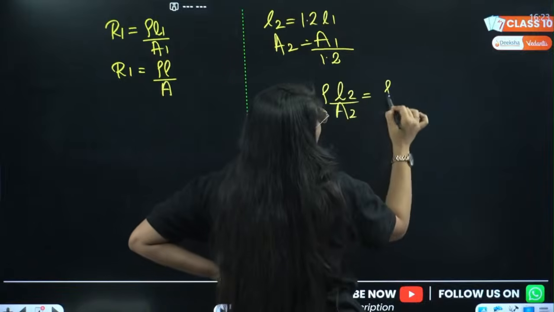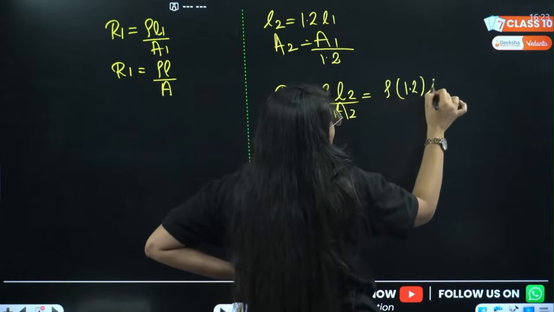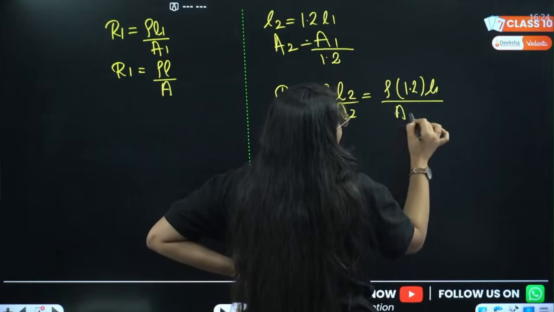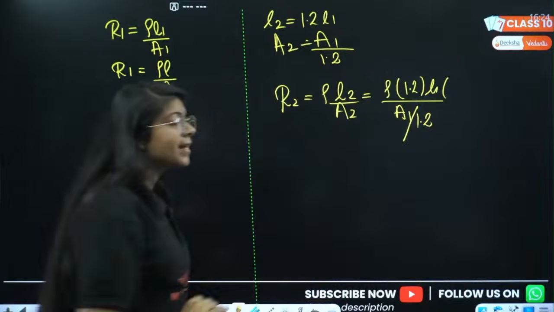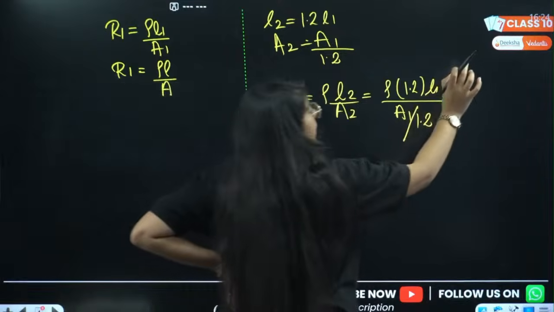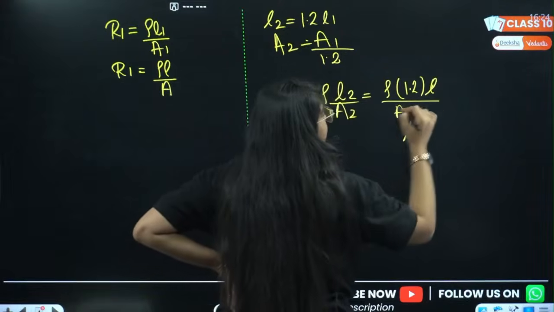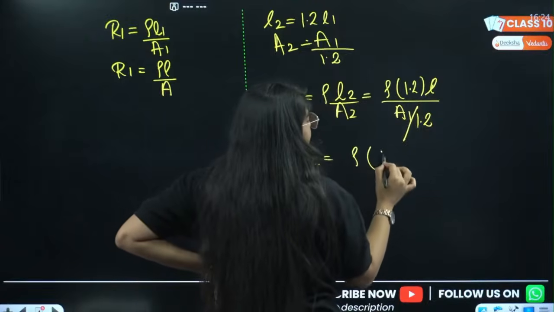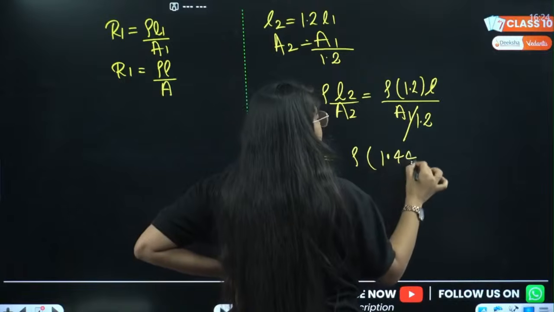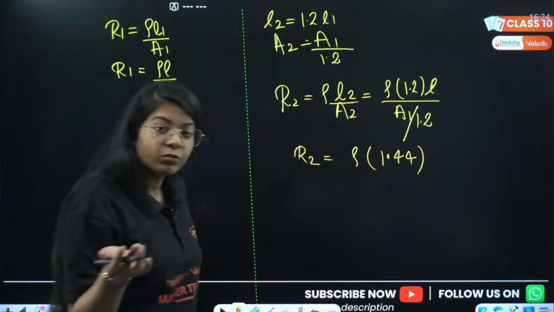So this will be rho into 1.2 L1 divided by A1 into, now divide by 1.2. This is the case, right? Understood? Okay. So R2 will be now what? Rho into 1.44, that is 1.2 into 1.2, correct?